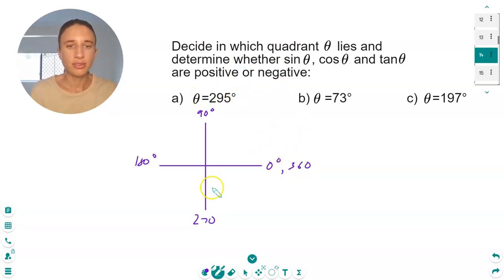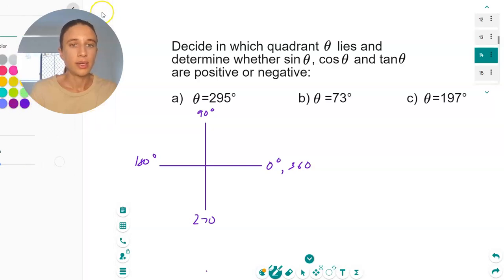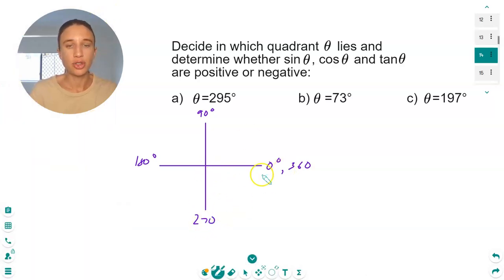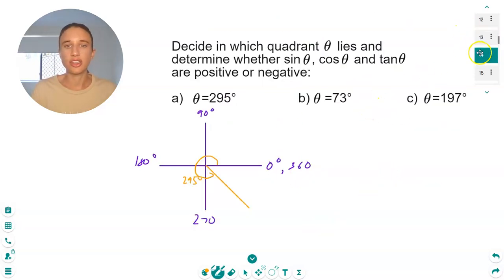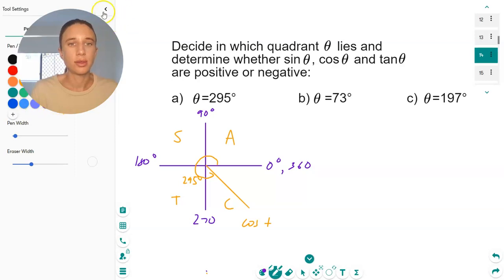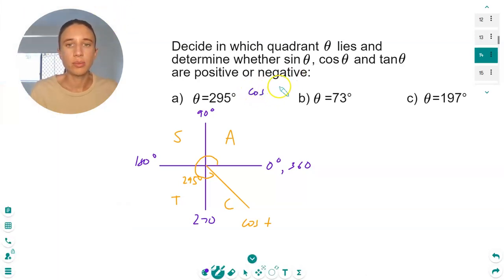Theta is 295, so I know that lies between 270 and 360, so I'll put that in. Looking back at ASTC, all stations to central, the C means that only cos is positive. So I can write cos positive, sine negative, tan negative.